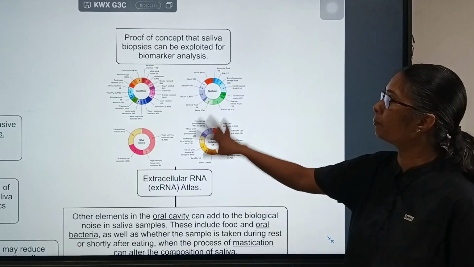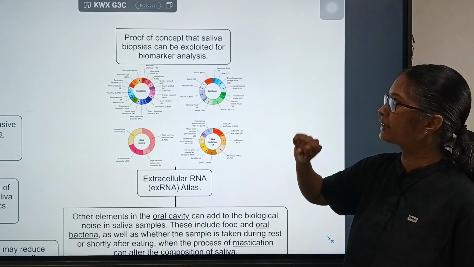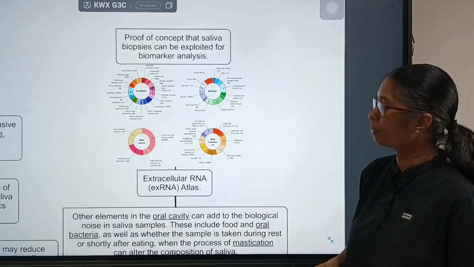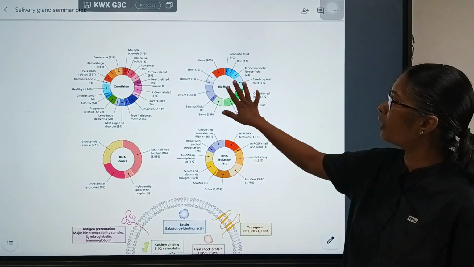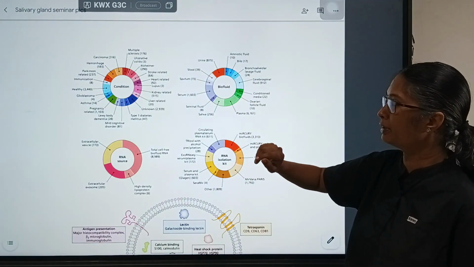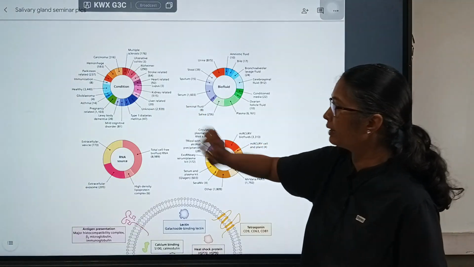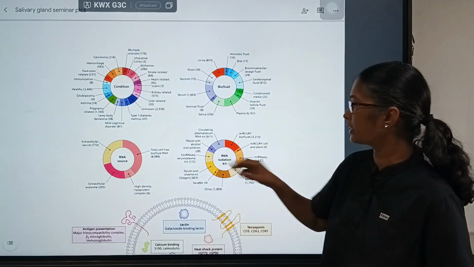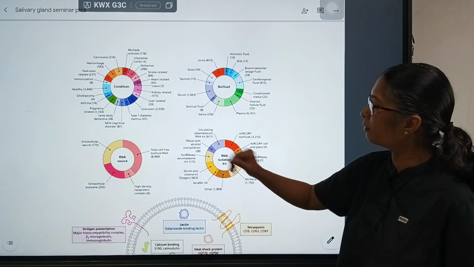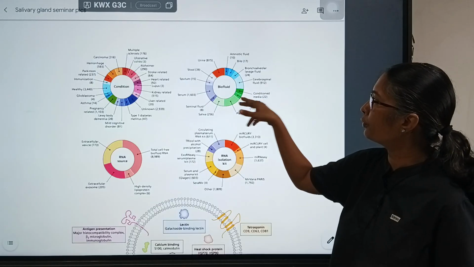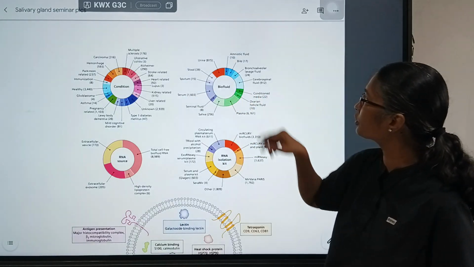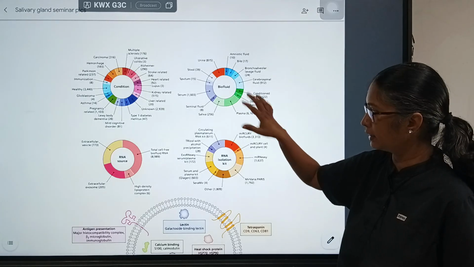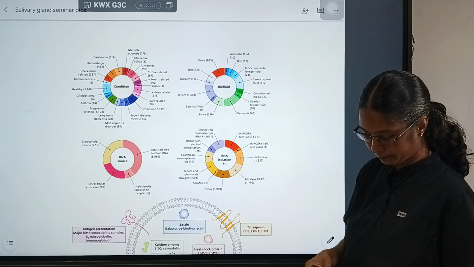So here there is a map, proof of concept that saliva biopsies can be exploited for biomarker analysis, and this shows what all biofluids can be used and what all conditions can be detected and what are the sources for the RNA. So in the biofluids we have sputum, and saliva is also an important part of these biofluids.